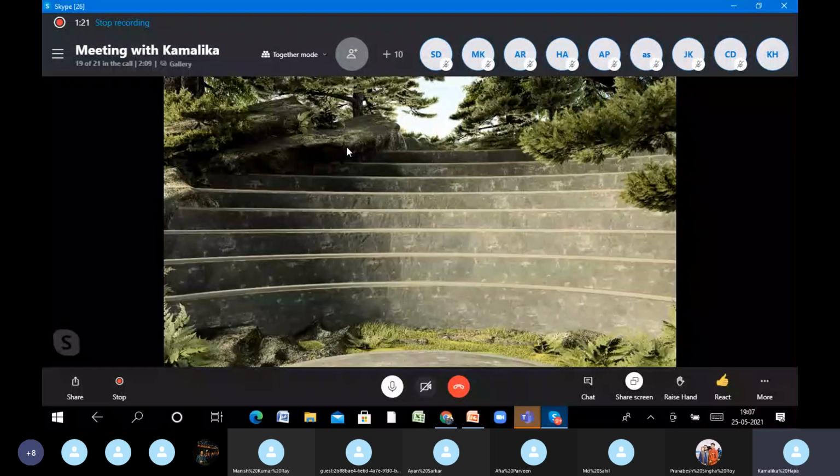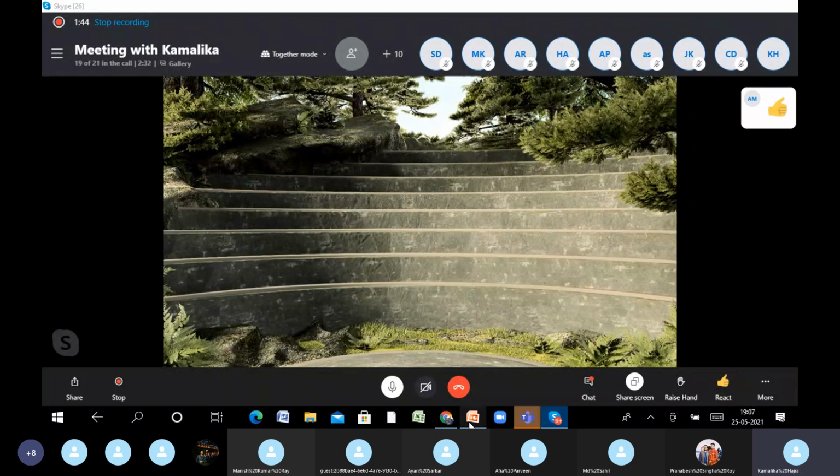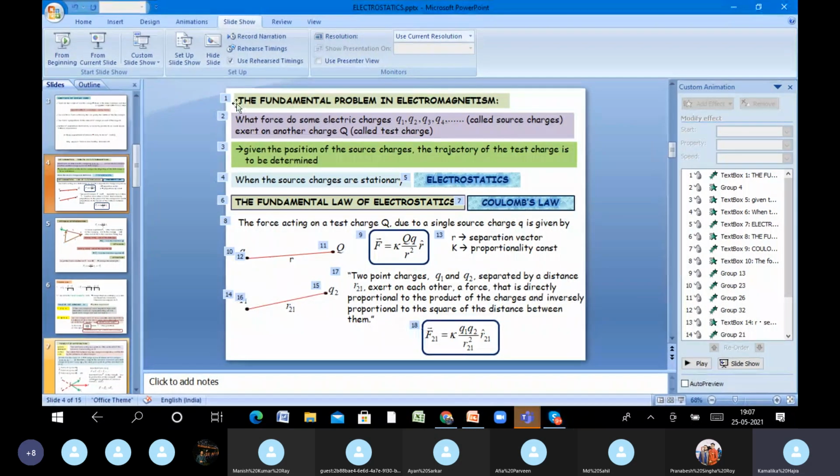Because I can see the red border, so if there are people who can see the screen, then those who can't might have some network problem, because the red border means that the screen is being shared. So if you can't see, then I think you can leave and join again, because there might be some network problem. Okay. All right.